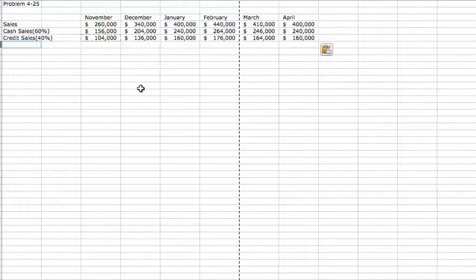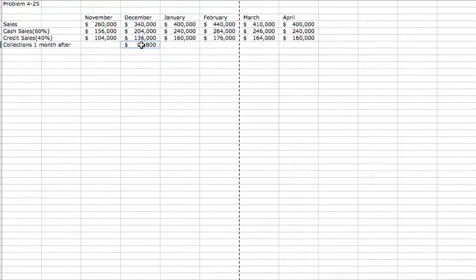Now to calculate collections month after credit sales, that's 20% of the previous month's sales. So we will take the previous month's credit sales, multiply that by 0.2, and that gives us the amount of cash we're receiving in that month for the portion of sales that happened the month before.